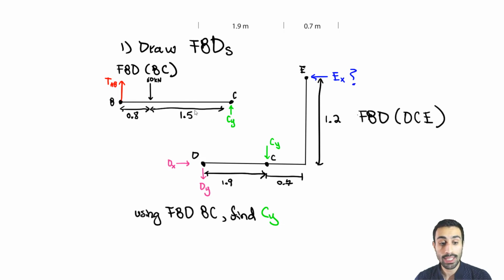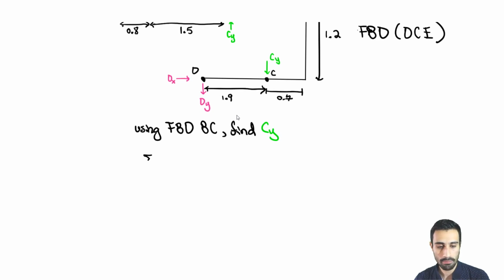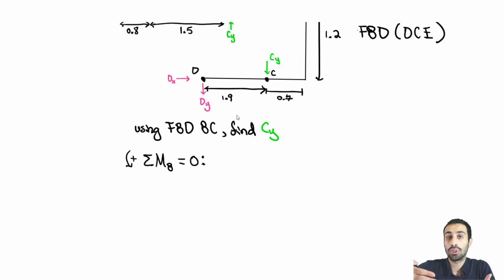So what we can do is take the moment about B. When we take the moment about B, this will be known, this will be unknown. We have one equation, one unknown. We can solve for the CY. So the sum of the moment about B must equal 0. And we're going to assume counterclockwise rotation. Any counterclockwise rotation caused by a force times a perpendicular distance, which is a moment, will be positive. Counterclockwise is positive.